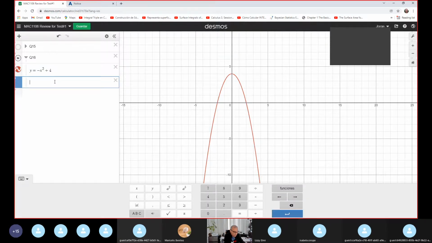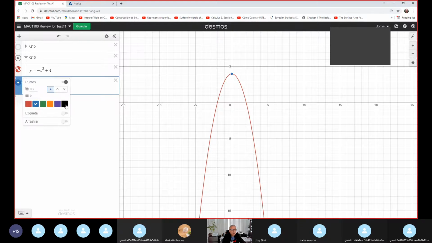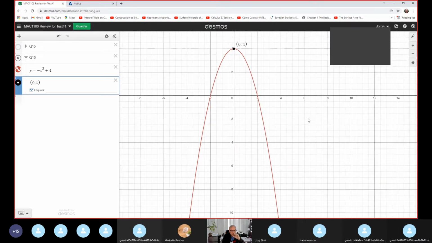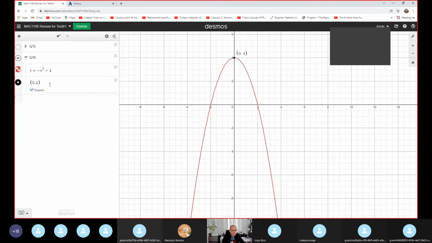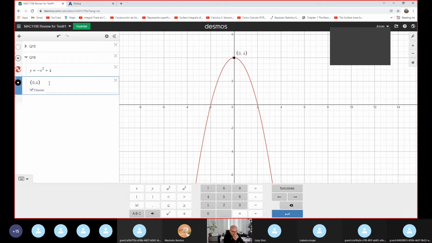You put the first point, the point 0, 4. I put it in black color maybe because I want to emphasize that. They put the label 0, 4. Nice. And the other point, the same characteristic, same feature, is 2, 0.